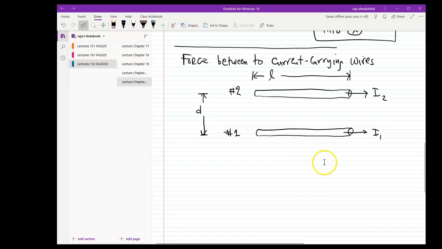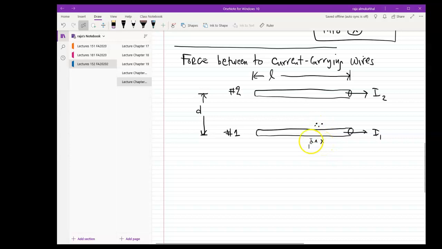Now, according to Ampere's law, for any current carrying wire, there is an associated magnetic field, right? So I'm going to use the right hand rule to find the direction of the magnetic field B1 due to I1. If my thumb is pointing in the direction of the current, the curl of my fingers is going to be in that direction. So on this side it's going to be out of the page, and on this side into the page, because I'm grabbing the wire.